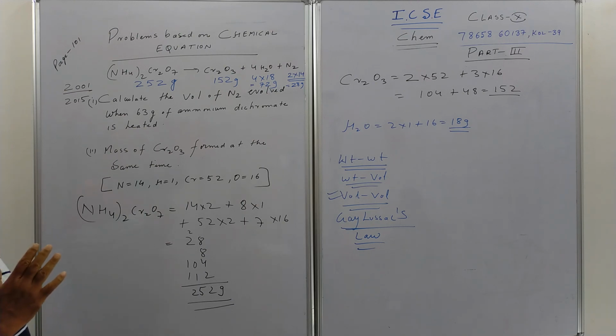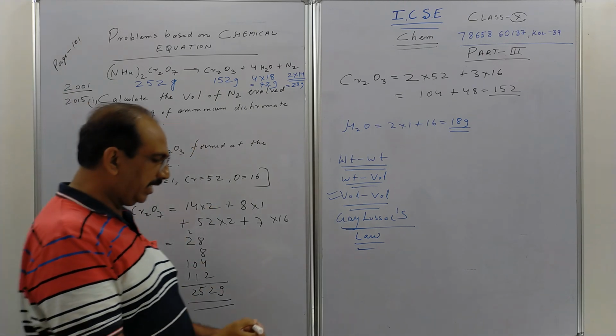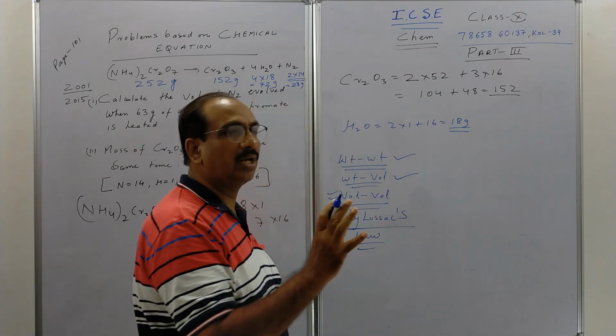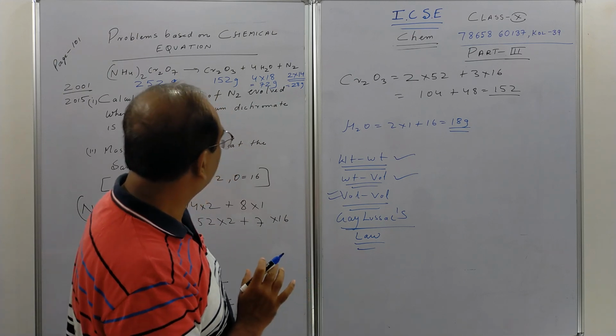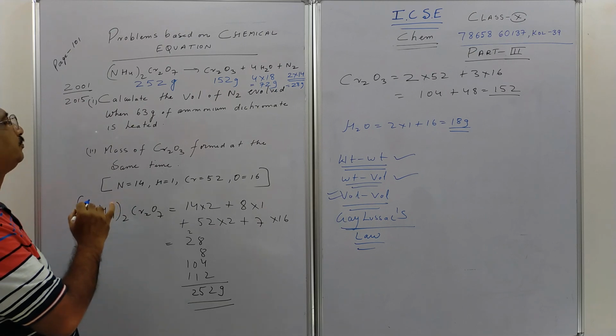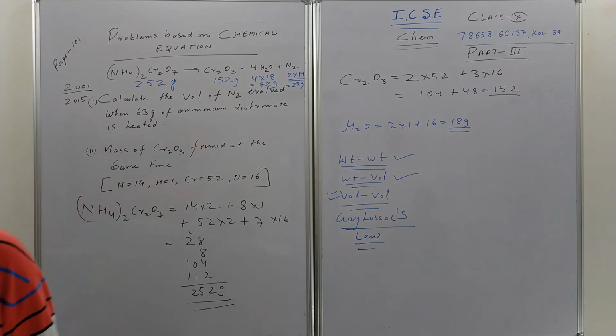So please copy, then we will move on to the first question where I'll show you what is weight relationship, children, and weight volume will come up in Gay-Lussac's law. So pause the video and copy, then we will try to solve this sum.